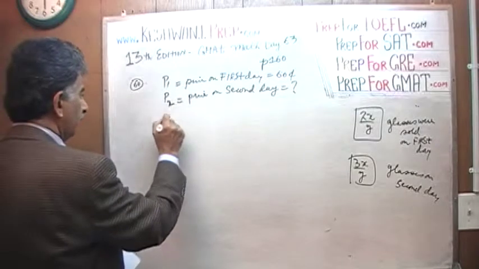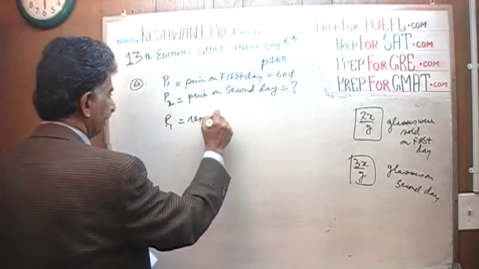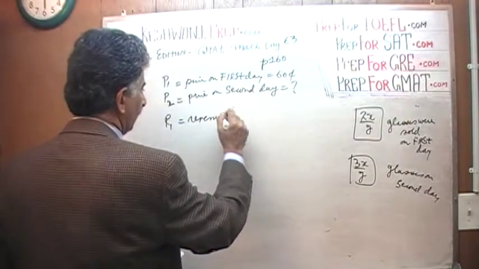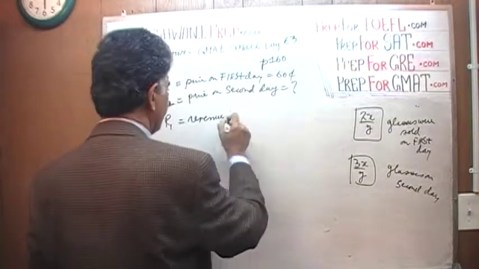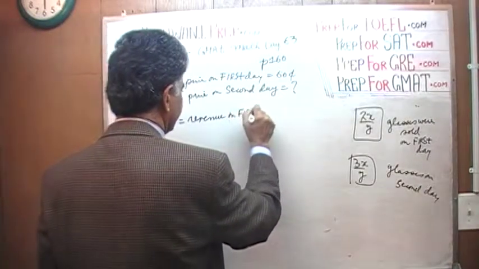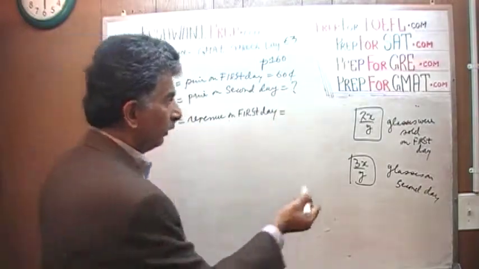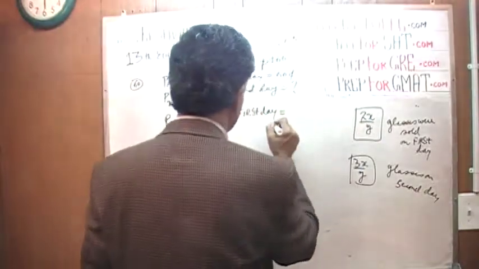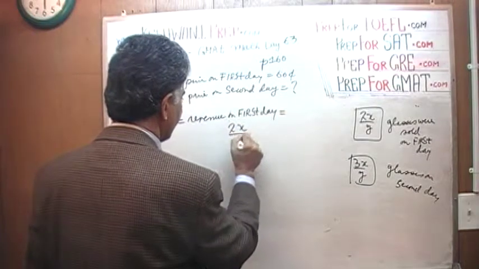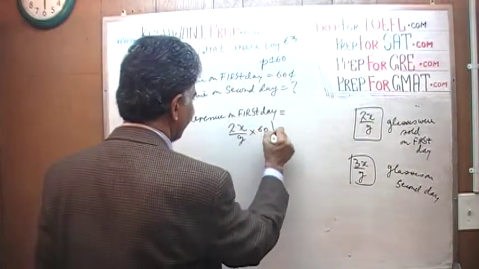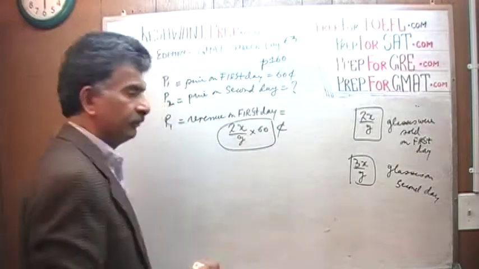R1 is our revenue on the first day. We are told that on the first day we sold 2x over g glasses, and each was sold for 60 cents. So this is our revenue in terms of cents.